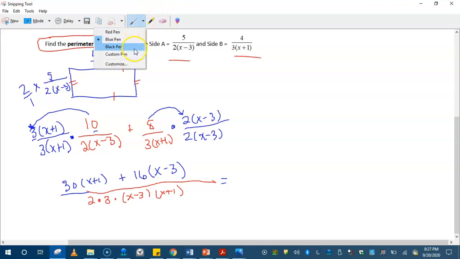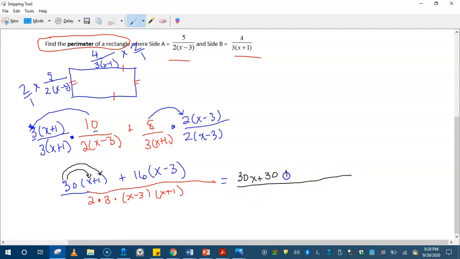Now, those of you who are like, Miss Bennett, are you going to multiply it all through? I will. Okay, so let me go ahead and start multiplying it through. For the first term, I would get a 30 times x and a 30 times 1, right? So we would have a 30x plus 30, all right?